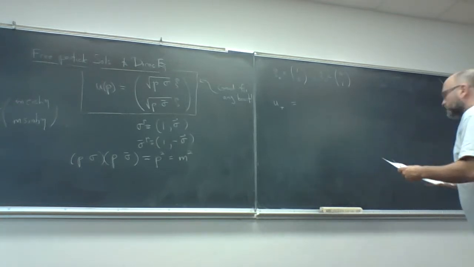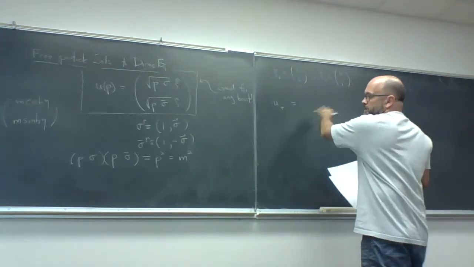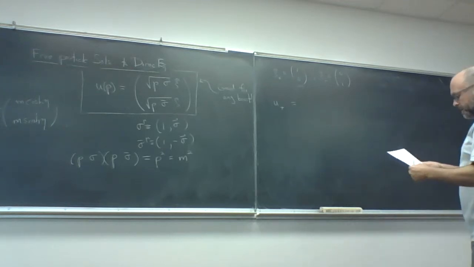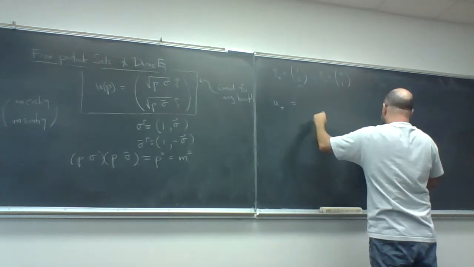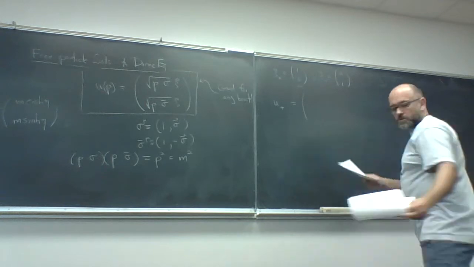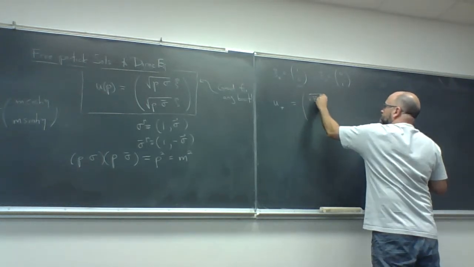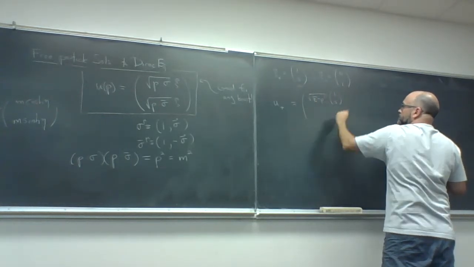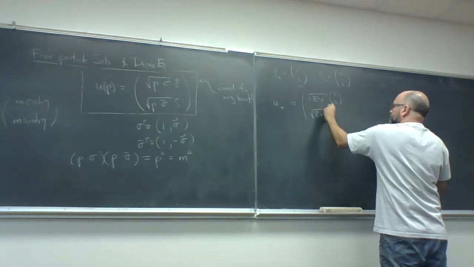So I'm taking the C, and I plug it into the big long equation, and I operate it with the Pauli matrices, and I end up finding that this can be written as square root E minus P3 times 1, 0, and then square root E plus P3.